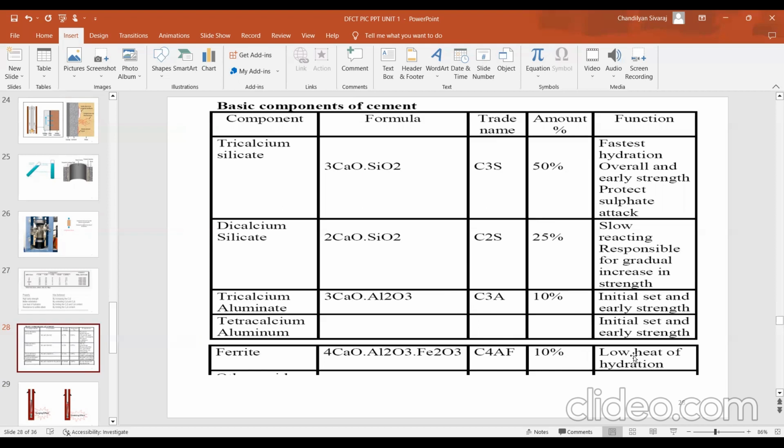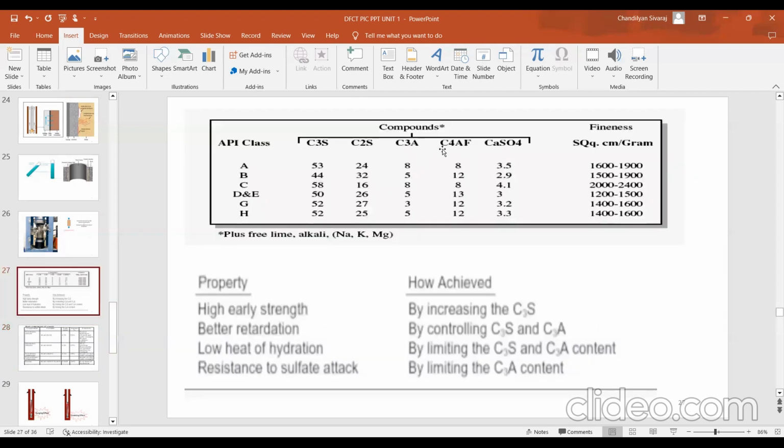If you want low heat of hydration, that is, when water is being added to cement, you don't want that much heat when hydration is happening, then you have to choose the cement which is called C4AF. Let's go back to the slide to understand C4AF. Okay, that's the logic behind the cementing API class cements.